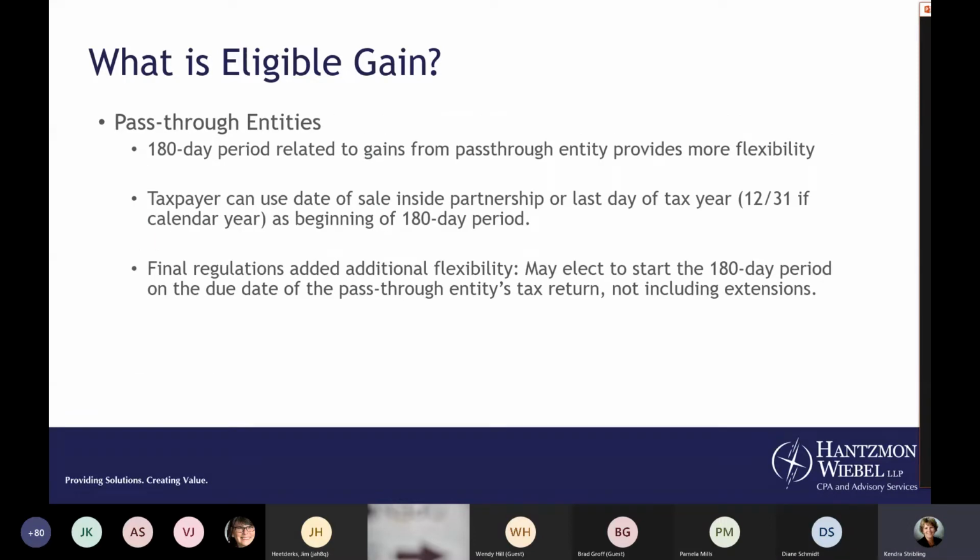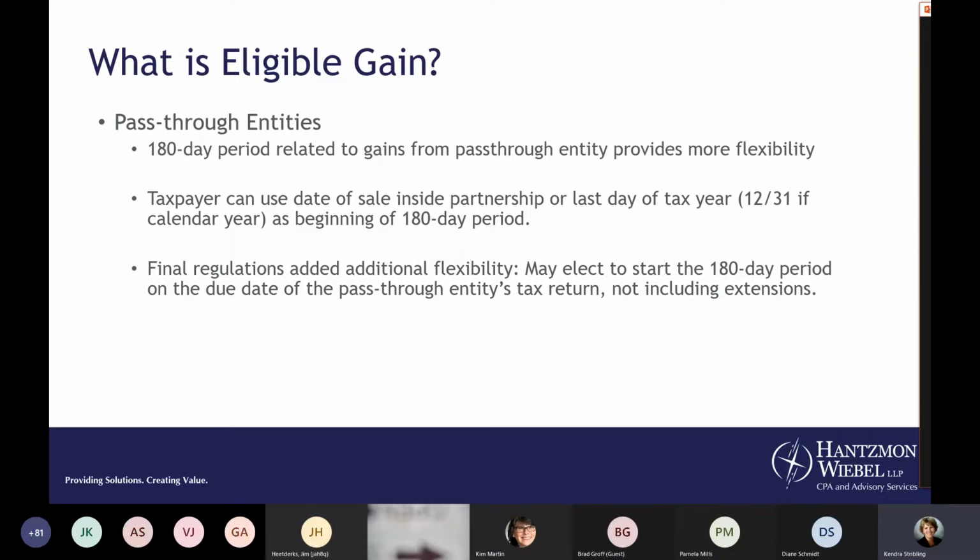Gains coming through from pass-through entities have several different ways to determine the 180-day period. A shareholder or partner can use the date of sale inside partnerships or S corps or the last day of the tax year as the beginning of their 180-day period.